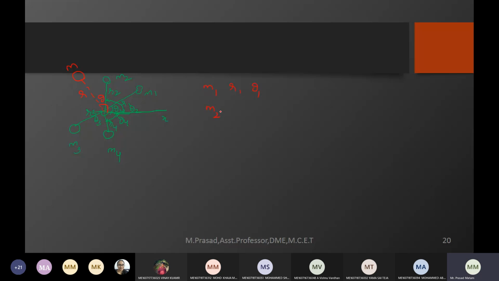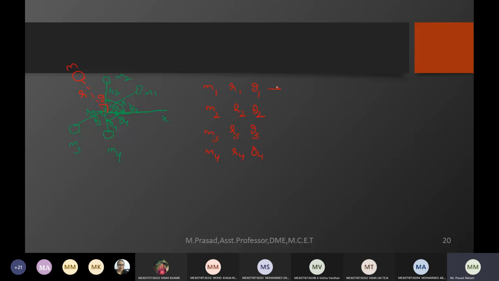Similarly, the second disturbance mass is M2 at radius R2, making an angle theta 2. Disturbance mass M3 at radius R3, making an angle theta 3. M4 is the fourth disturbance mass, at radius R4, making an angle theta 4.